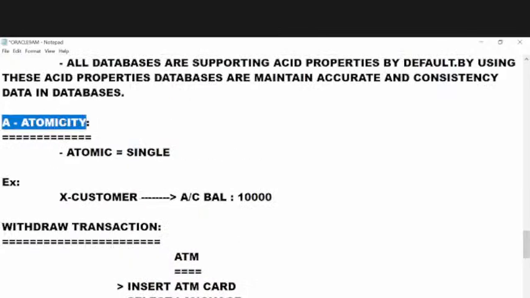With the help of which property? Atomicity. Atomicity means your entire transaction is treated as one transaction, and that one transaction may be successfully done or may be cancelled. That is called atomicity.